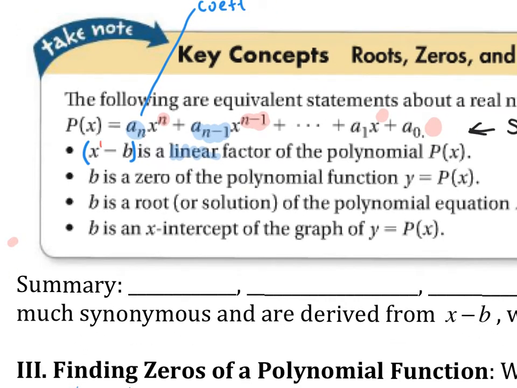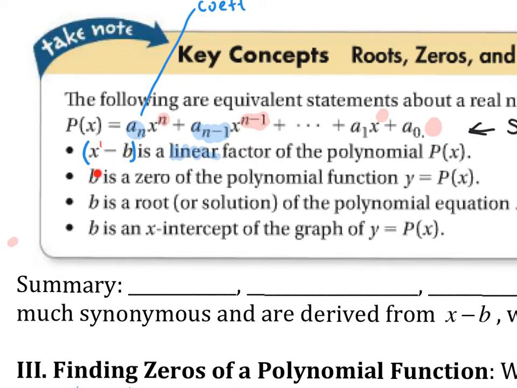Next, when we have a linear factor, x minus b, then here are the 3 things that are true about b, or 4 actually. That b is called my 0, so notice it's the opposite of what I see. If I see a minus 3, then I'm going to put a positive 3 right here. Then b is a 0 of the polynomial function. What does that mean?